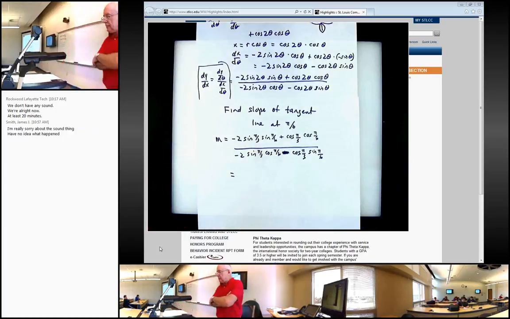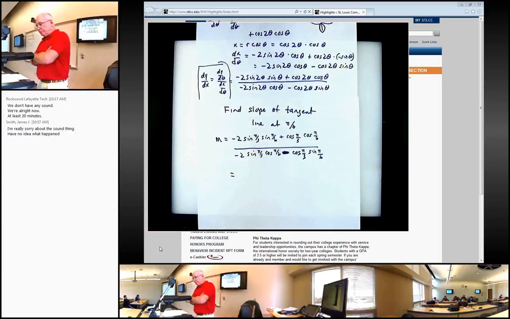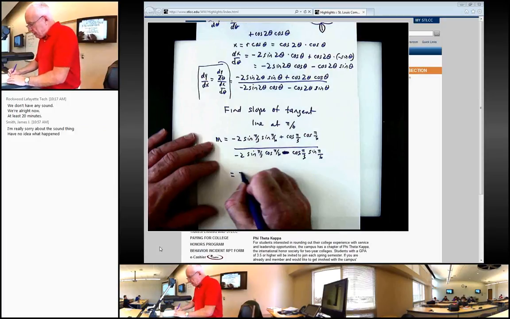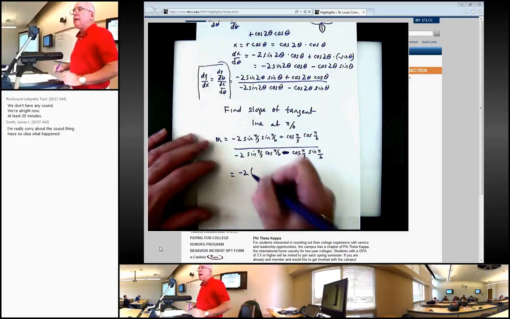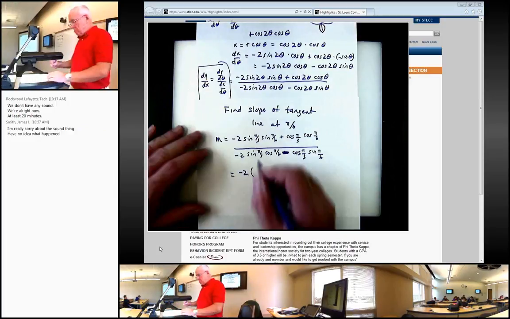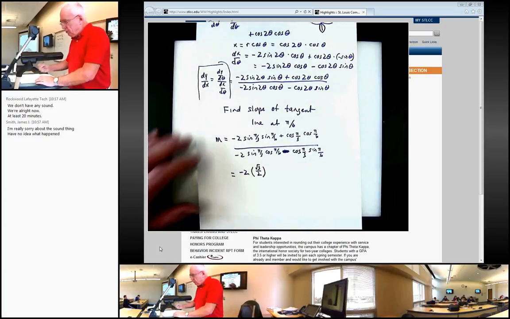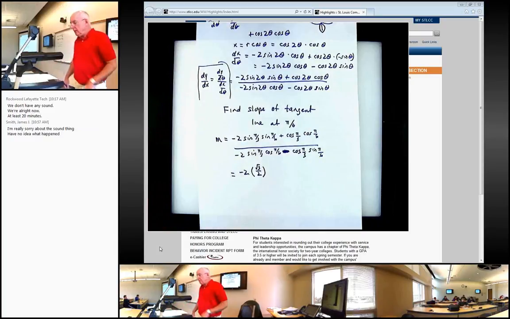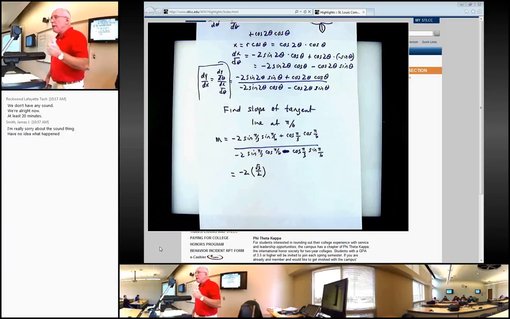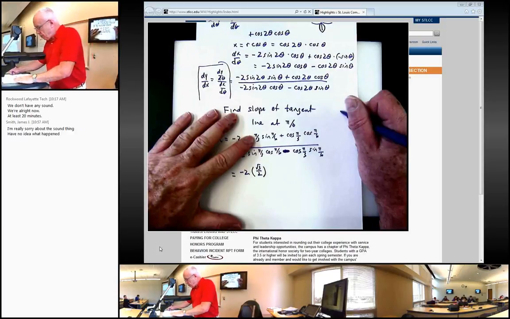All right, let's see what we get here with this. Minus 2. What's the sine of pi over 3? Square root of 3 over 2. If necessary, just draw your special triangle out on your paper.